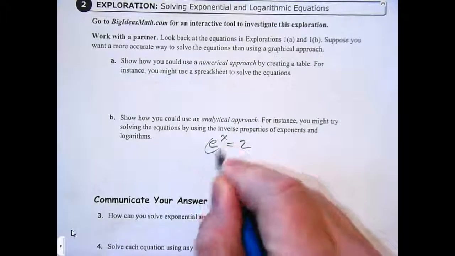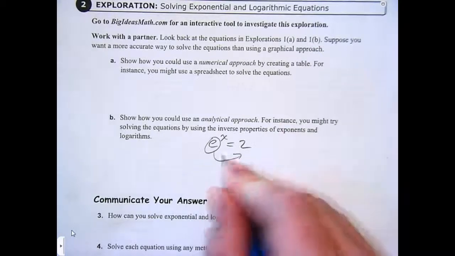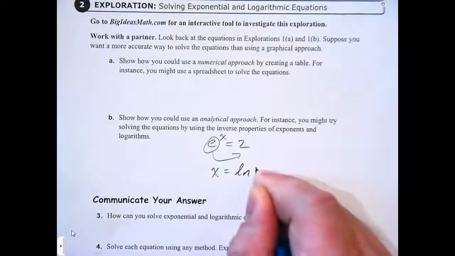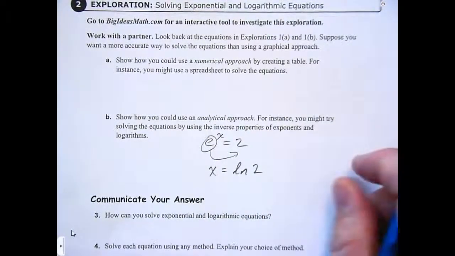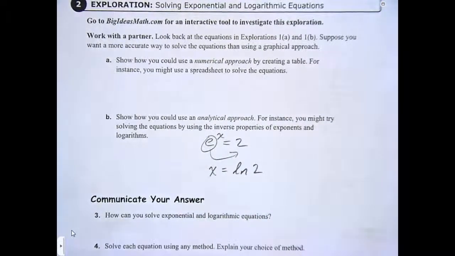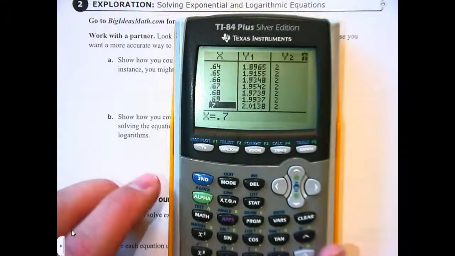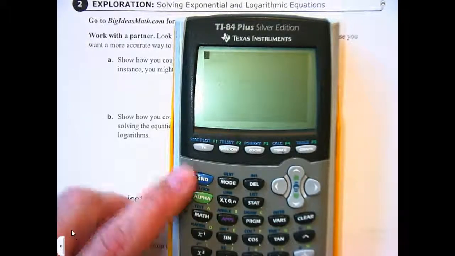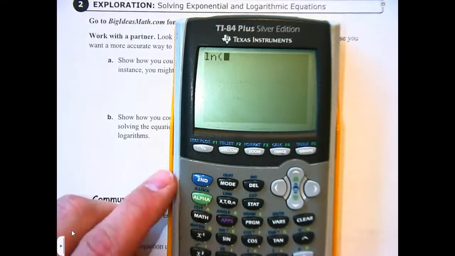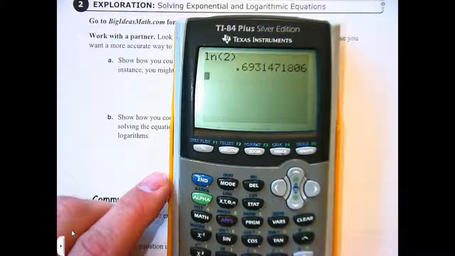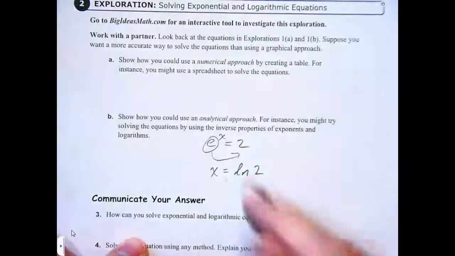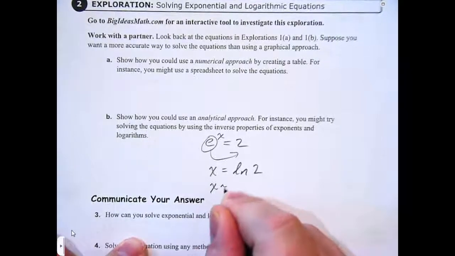So if I write this log over base e and move it over, that's x equals natural log of 2, which you could do. You put the natural log of 2 into your calculator. Everyone go ahead and do that. Woohoo! You get 0.69, right? Approximately.